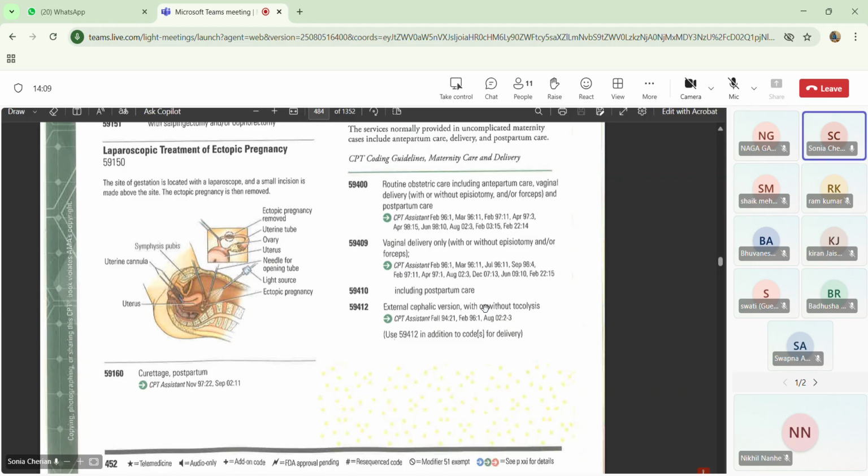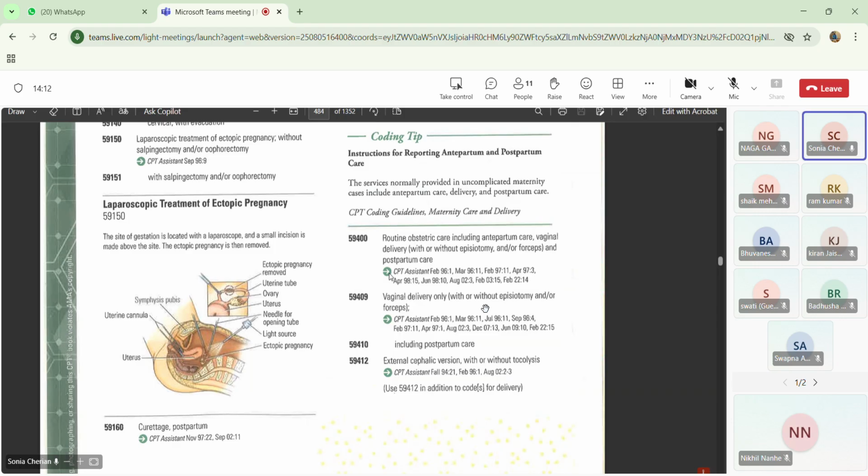So you can see here for the vaginal delivery, we have CPTs 59400, 59409, and 59410. This is a package, guys. As I told you, most of the time women get comfortable with one gynecologist, because they take all the care during their pregnancy, and they fix the delivery date in the same hospital with the same person.